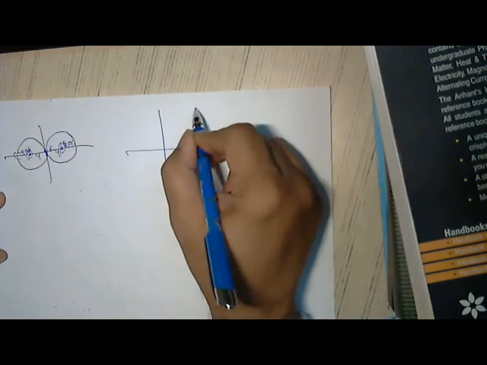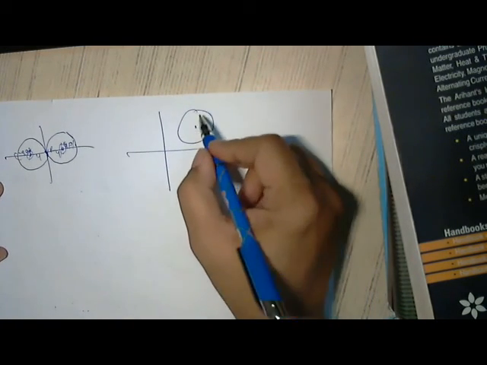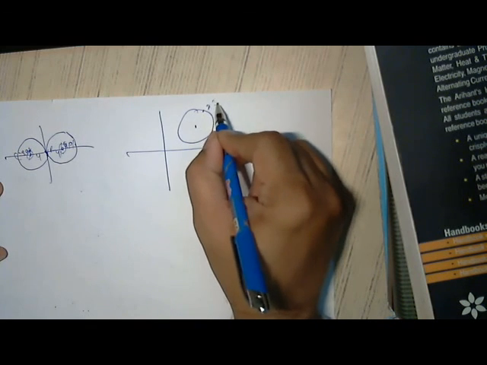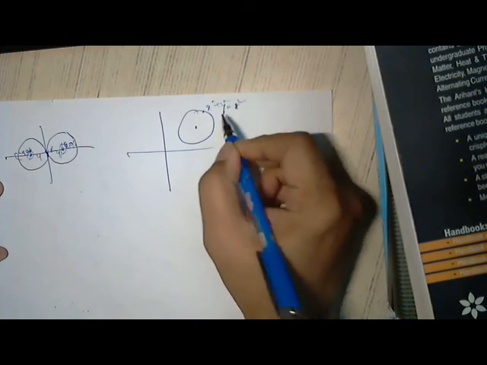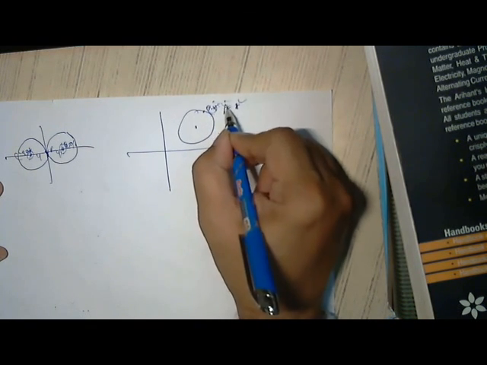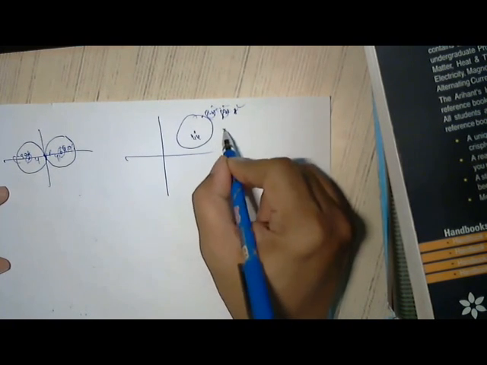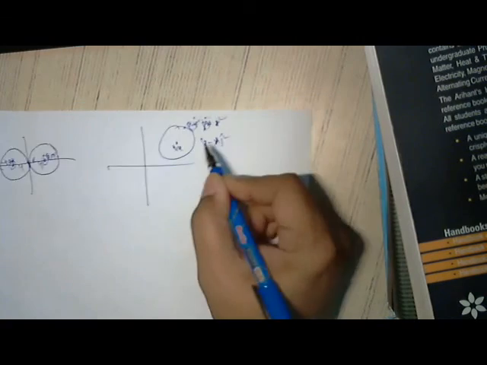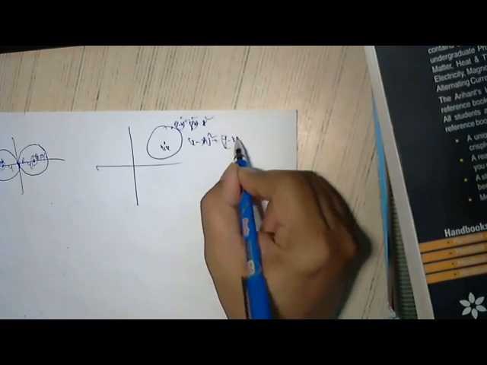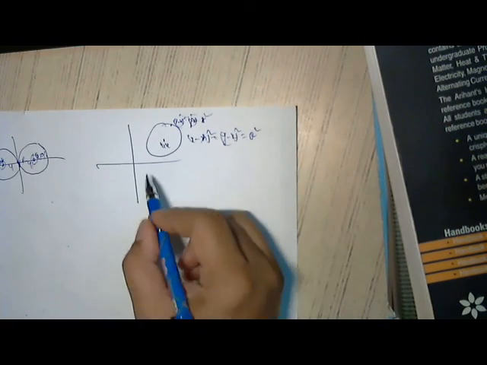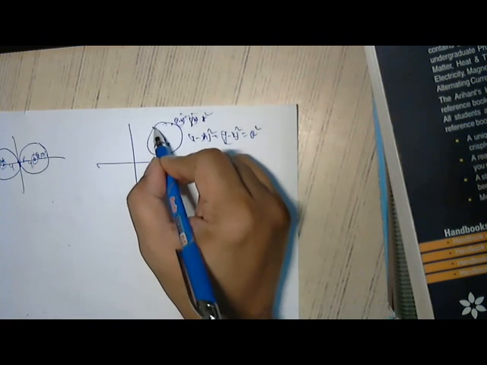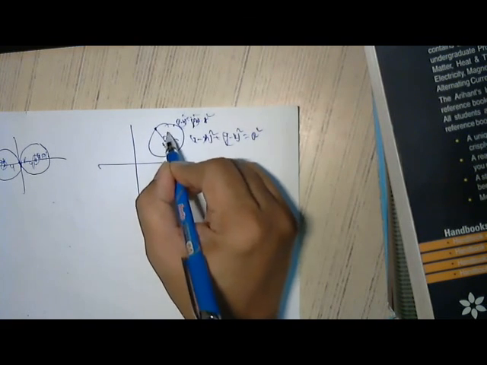Suppose this is a circle, x square plus y square is r square, or x minus h whole square plus y minus k whole square is r square. This is the center h, k. Now I want it in terms of the parameter. Suppose this angle is theta.